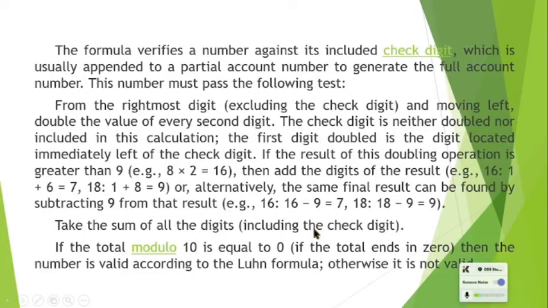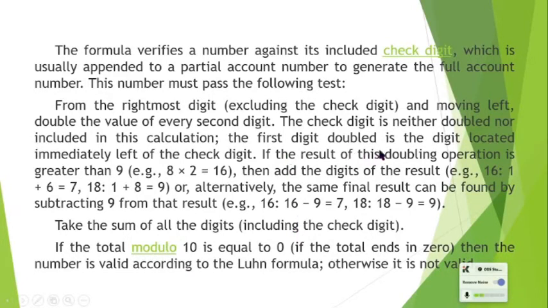So the formula verifies a number against its included check digit, which is usually appended to a partial account number to generate the full account number. This number must pass the following tests. From the rightmost digit, including the check digit, moving to the left, double the value of every second digit. The check digit is neither doubled nor included in this step.